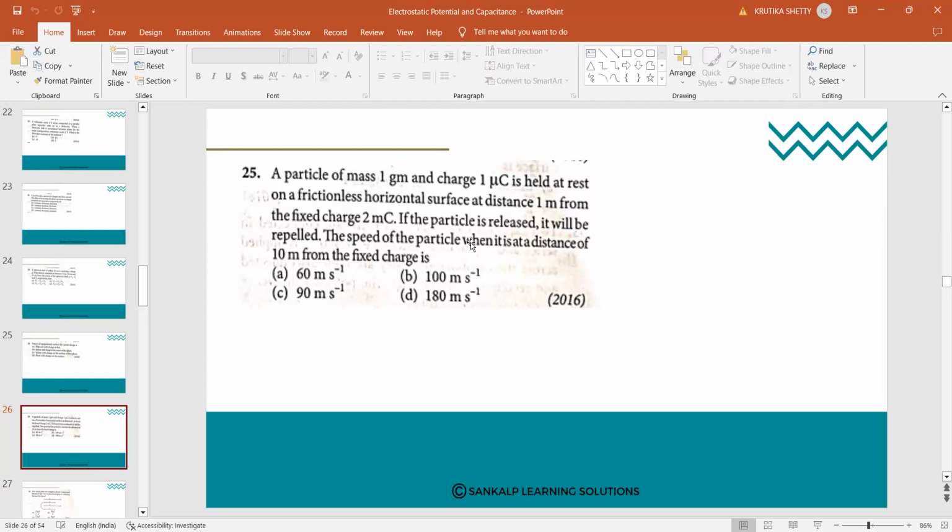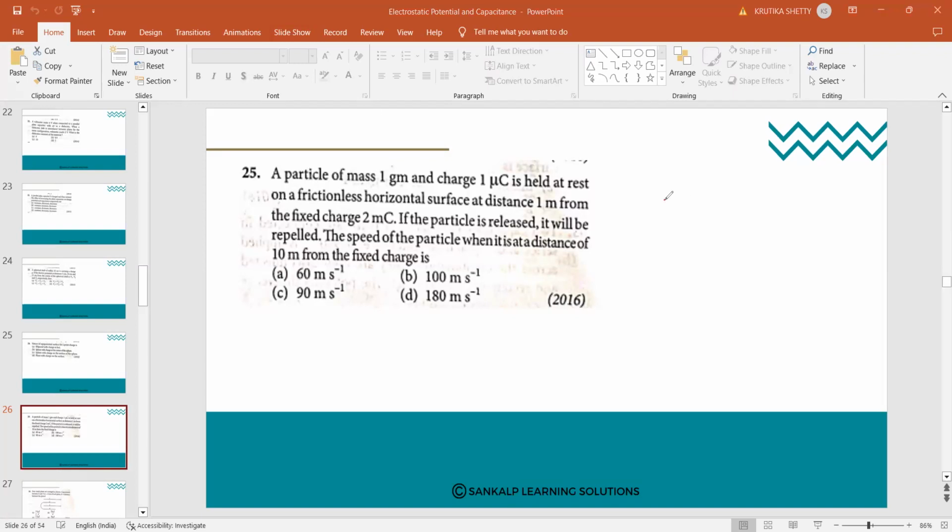Hope it is not repeated. This solution I'll continue. According to the figure, after solving half, it is completed.